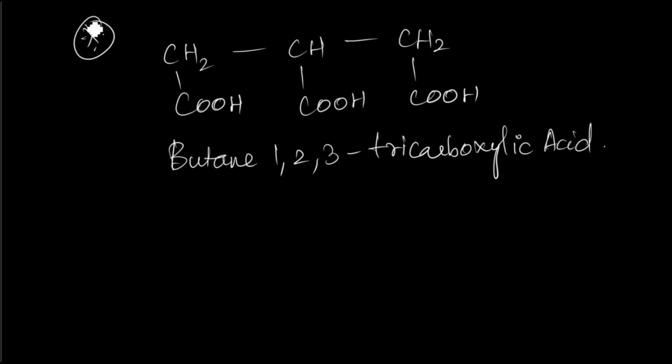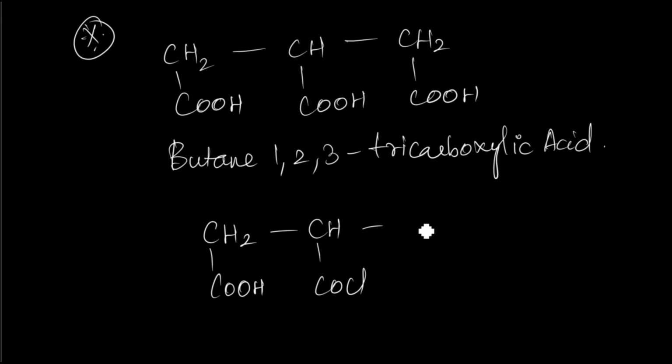If the carbon of the functional group is not included in the longest possible chain, and all the functional groups have the highest priority, they should be treated as principal functional groups. For another example, take CH2COOH, CHCOCl, and CH2COOH.